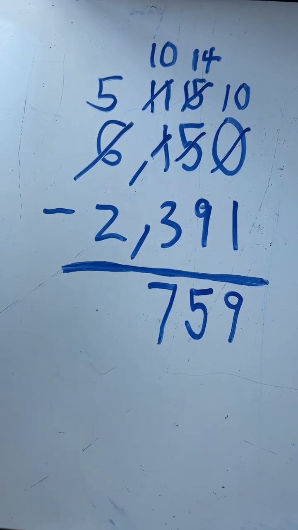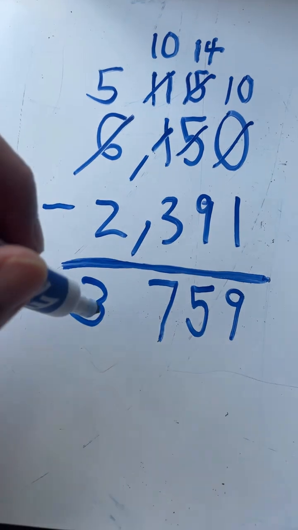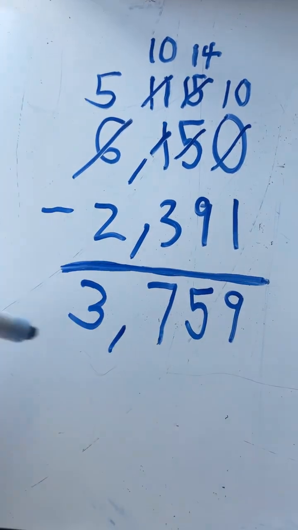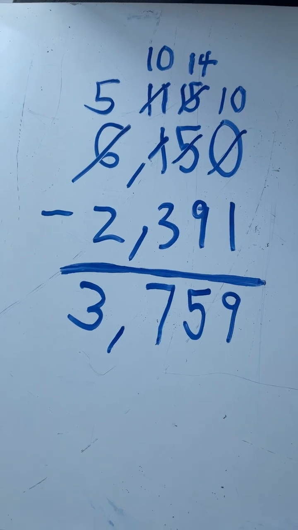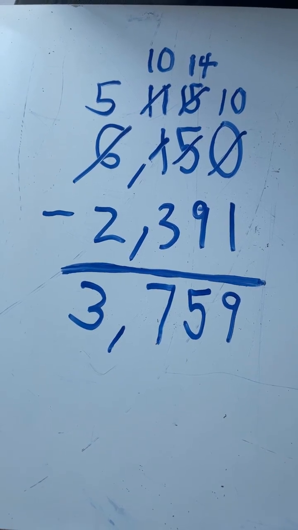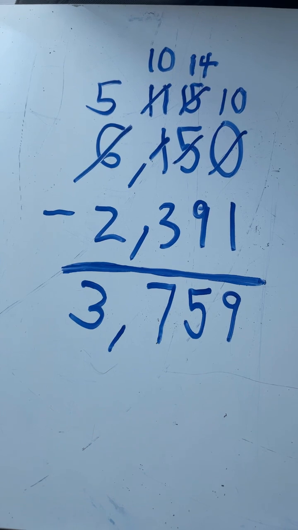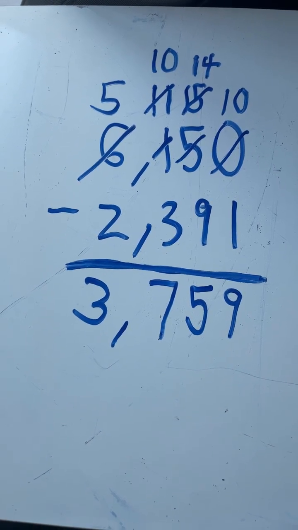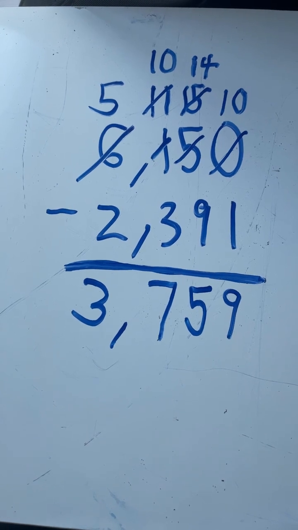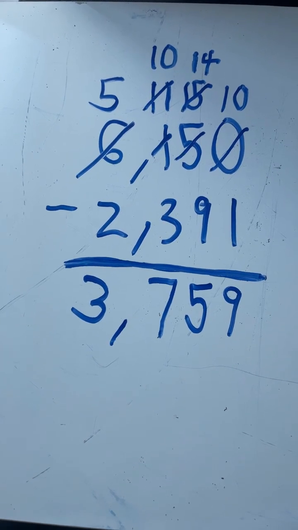And 5 minus 2 equals 3. So we have our final answer, 6,150 minus 2,391 equals 3,759.